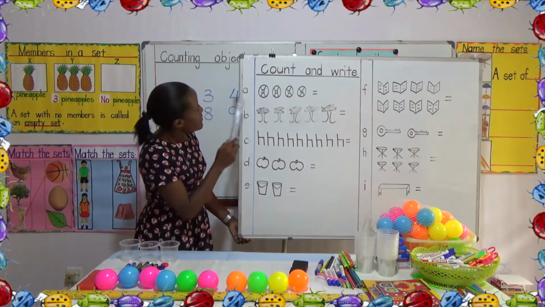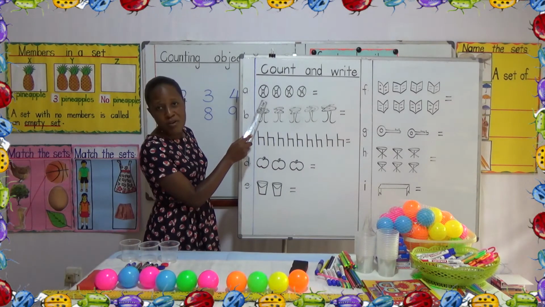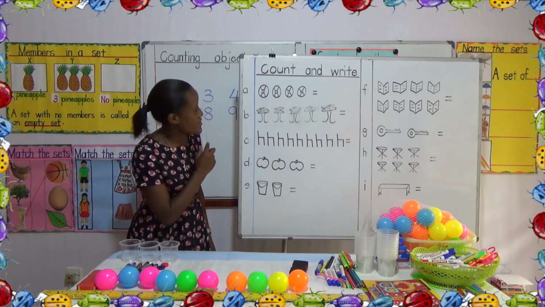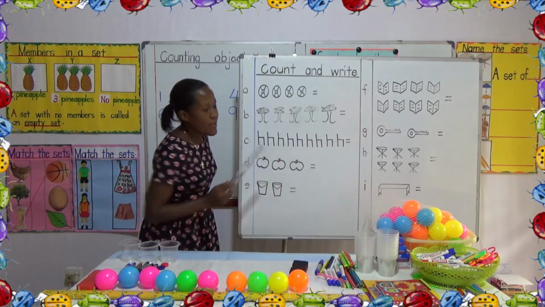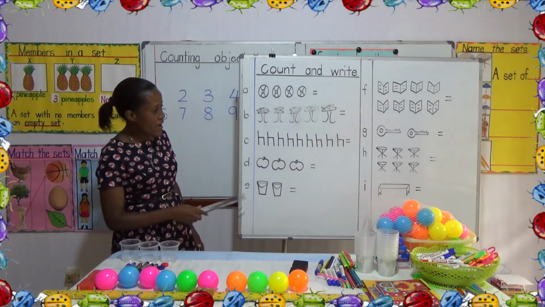Let's look at the items we have. They are balls. I don't know how many they are. Count them and write. Then these are trees. There are many trees. You count and write the number.